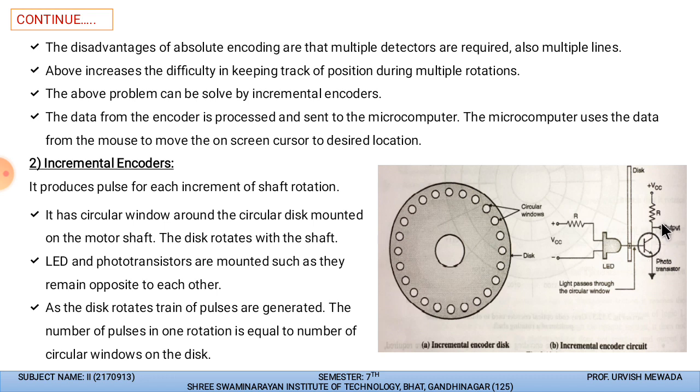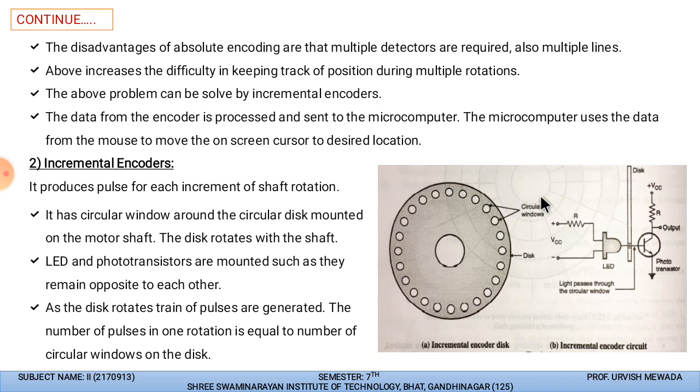it will get operated. So generally it produces a pulse for each increment of the shaft rotation, and basically it has a circular disc mounted on the shaft, and the disc rotates with the shaft. As the disc rotates, you can see the position of the LED and the phototransistor in this diagram.